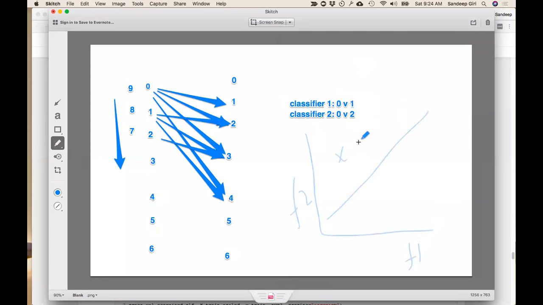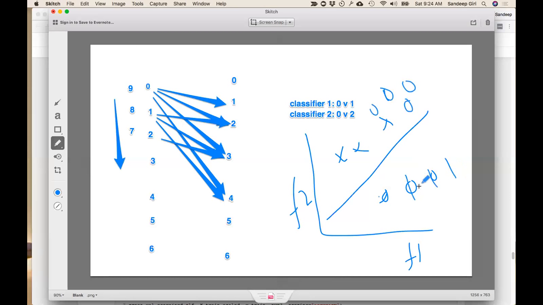On one side it's going to be zeros, and this side it's going to be ones.